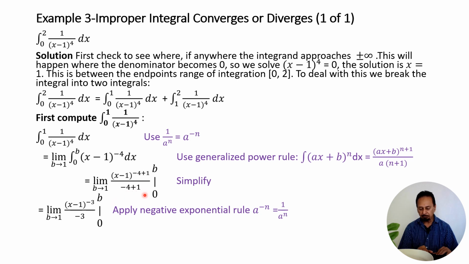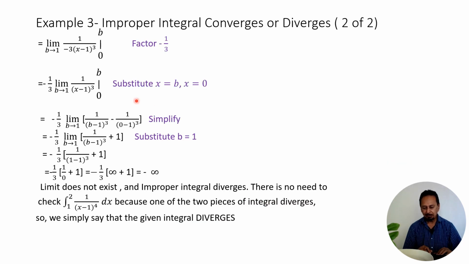We apply the negative exponent rule, and so now we have the limit as b approaches 1 of 1 over negative 3 times x minus 1 cubed, with limits 0 to b. So now we can factor out negative 1/3. So we have negative 1/3 times the limit as b approaches 1 of 1 over x minus 1 cubed, with limits 0 to b.